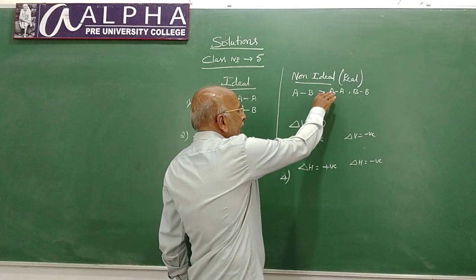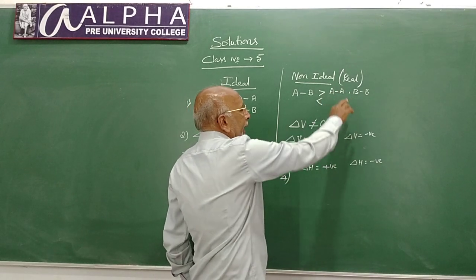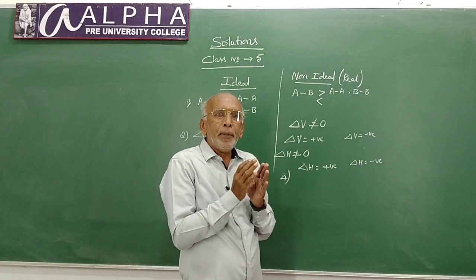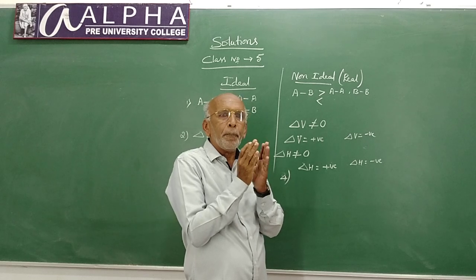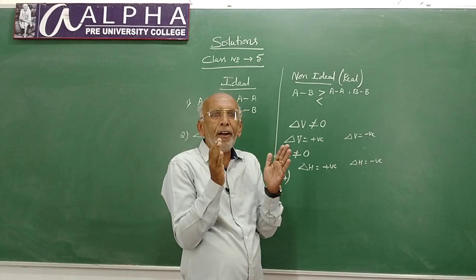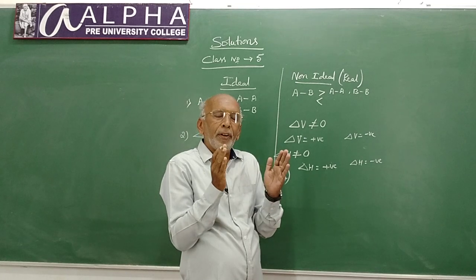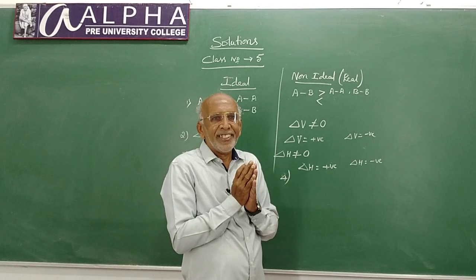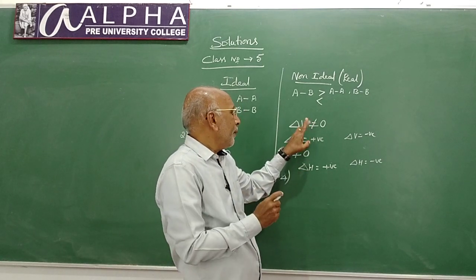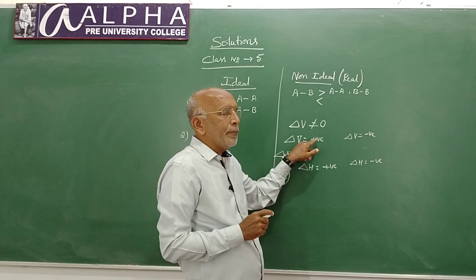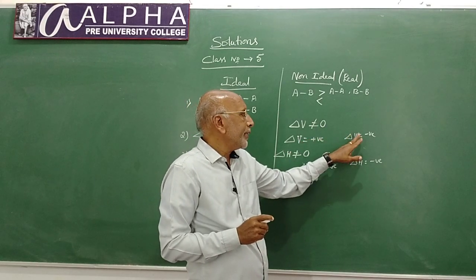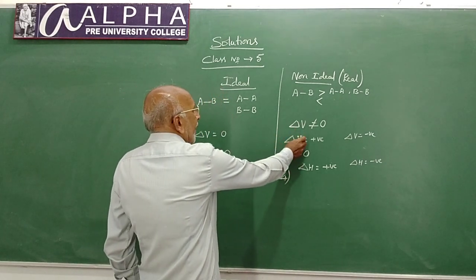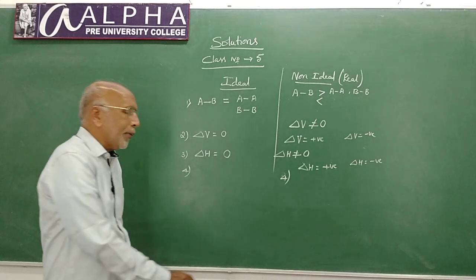So after mixing the constituent liquids A and B, while forming the solution, the distance between the particles may be increased or decreased. If increased, volume also increases. If decreased, volume also decreases. So both can happen. In some cases, an increase in volume takes place. In some cases, a decrease in volume takes place. That's why delta V is not equal to 0.